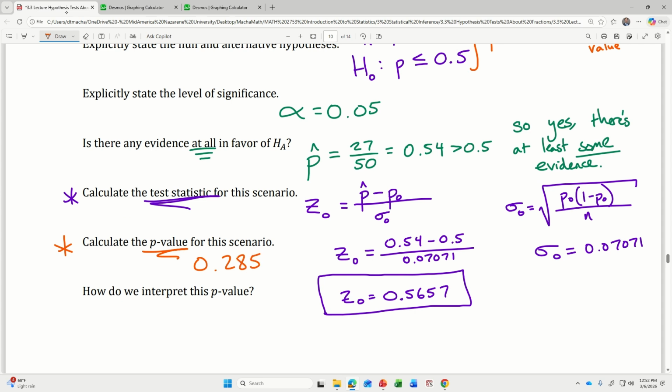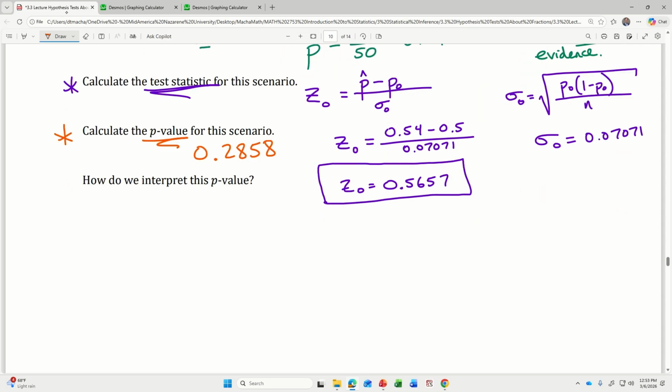But you're going to need to use the Desmos test mode app to calculate your p-value when we do these hypothesis tests. So how do I interpret the p-value?